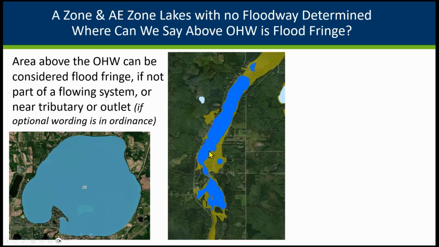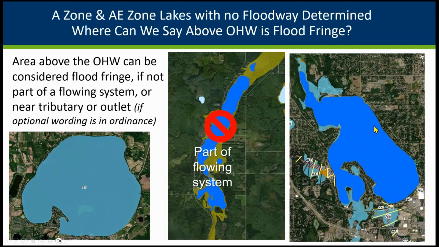In this situation, this is a lake that is obviously in a riverine system. Think about Lake Pepin on the Mississippi River, or there are many places like this in the state where it shows up as a lake in our site, but it's really part of that river system. So we would have to treat that as a flowing area.